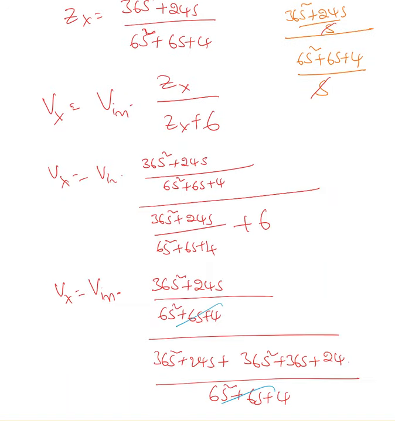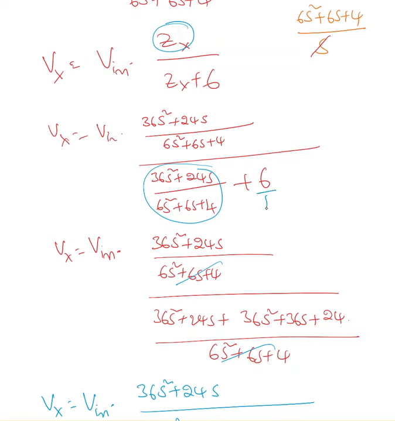ZX is nothing but 36s square plus 24s over 6s square plus 6s plus 4. Same way in the denominator I substituted ZX.